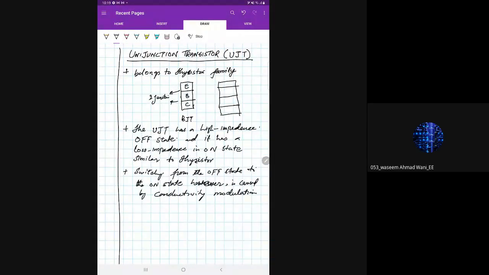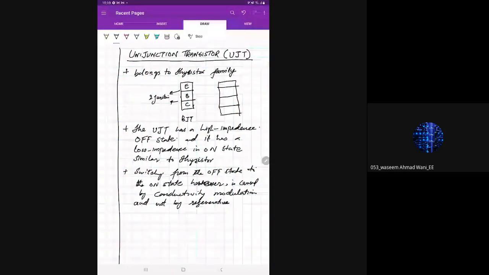So switching is caused by the conductivity modulation and not by regenerative bipolar transistor action.